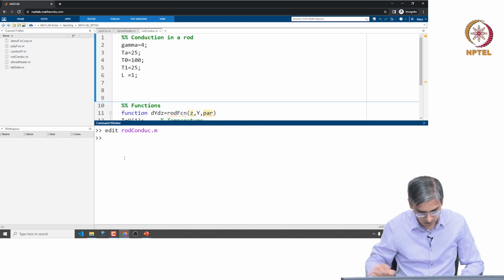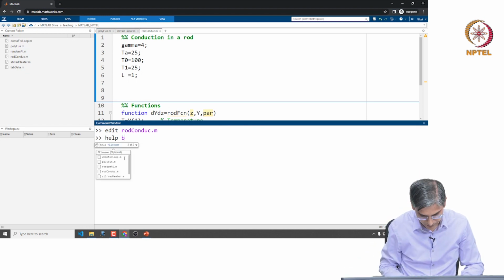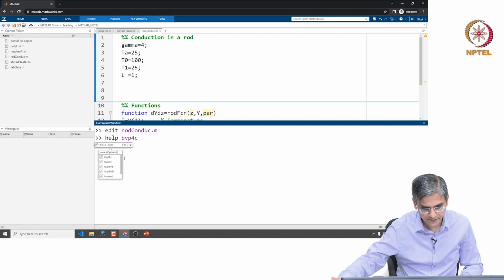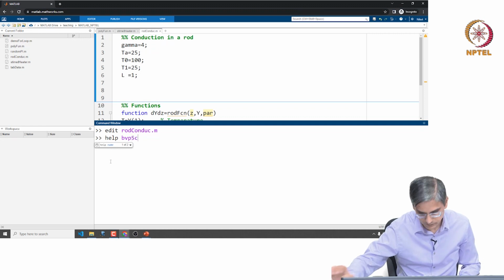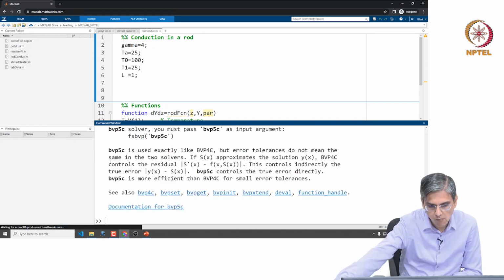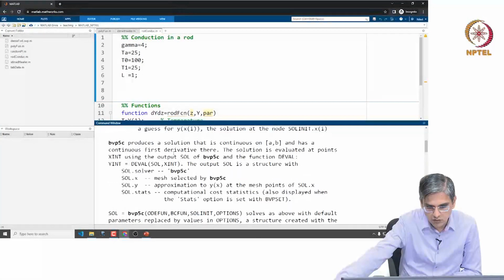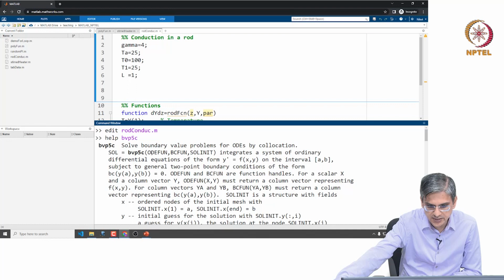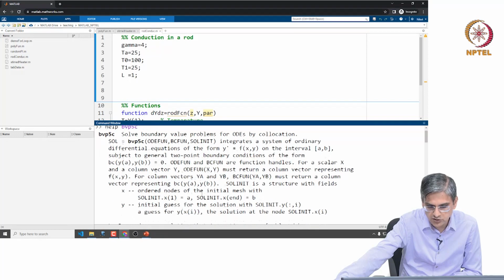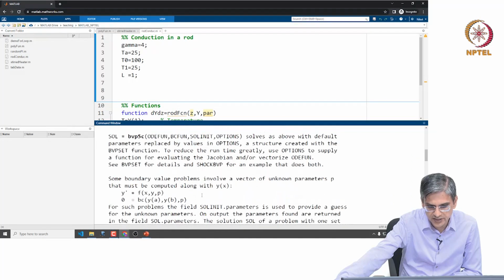Now let us look at help bvp5c. It takes the ODE function, the boundary condition function, and the initial solution. So that's what we basically need.